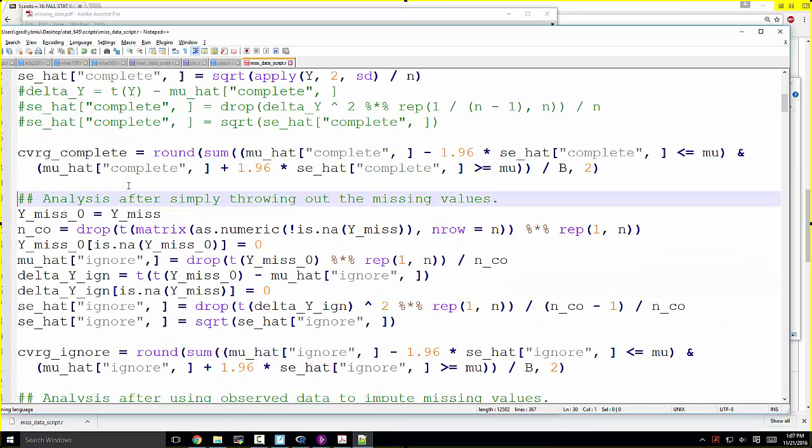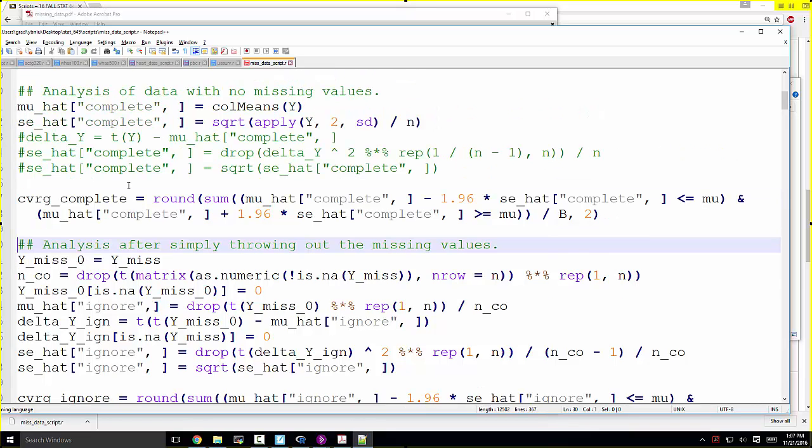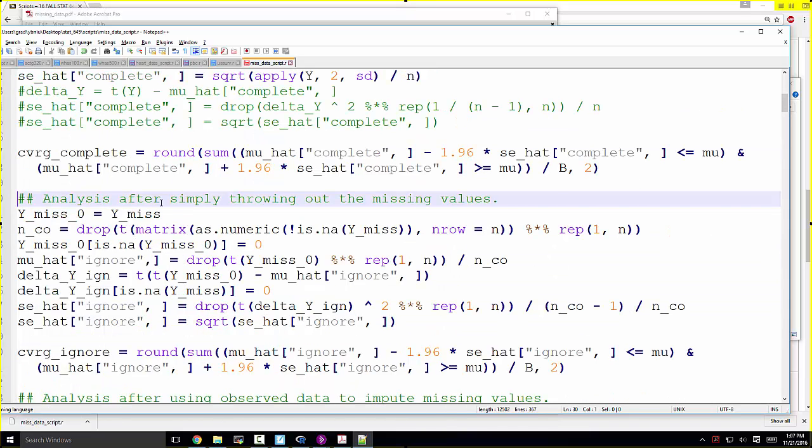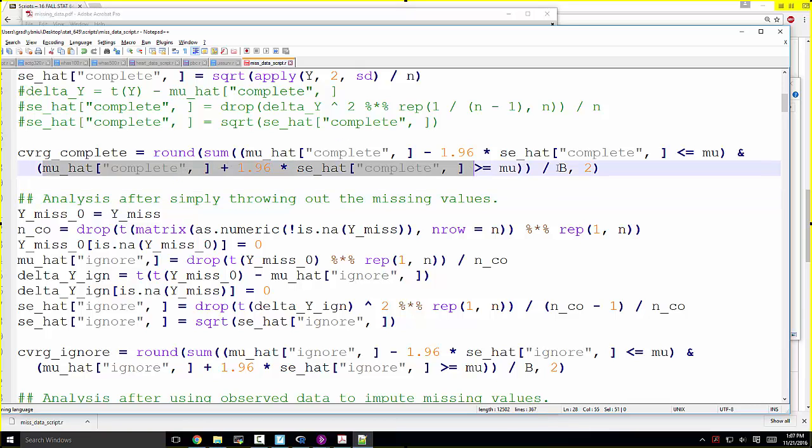That should be 95%. It could just be sampling variability that's causing it to be a little low, just by chance, I'm not sure. But it should be 95% because we haven't done anything. There's nothing unusual about these data that we just played with. No missing data, and we did a reasonable confidence interval calculation.